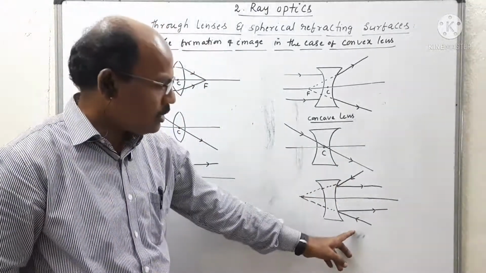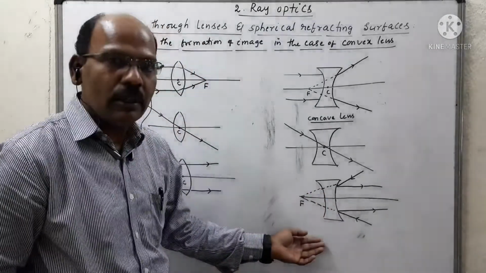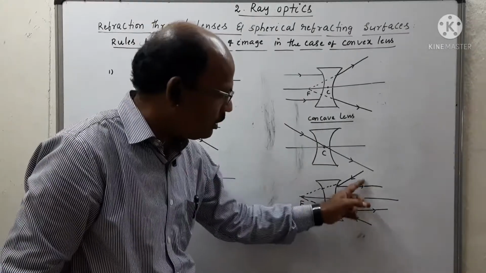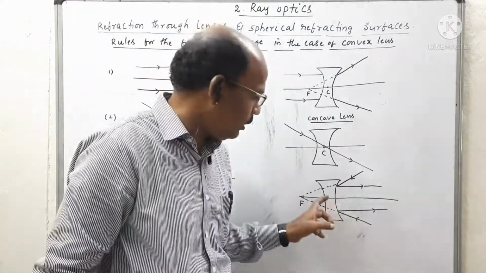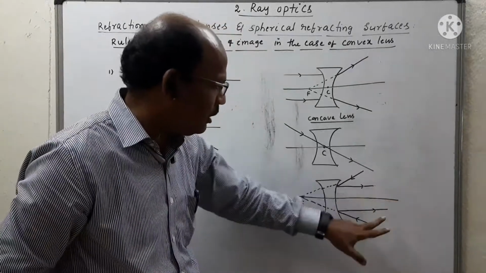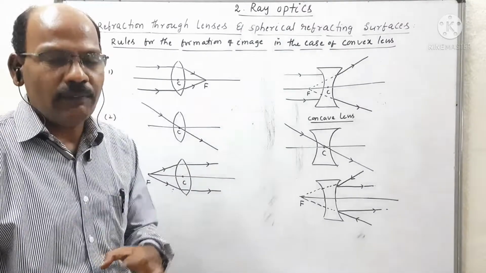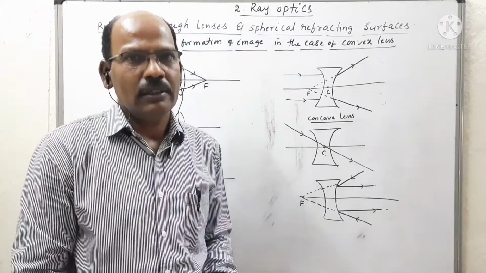So when the light rays pass through the focus of the concave lens, after refraction, they produce a parallel beam of light rays, or rays parallel to the principal axis. So these are the three rules used to identify the position and nature of the image.